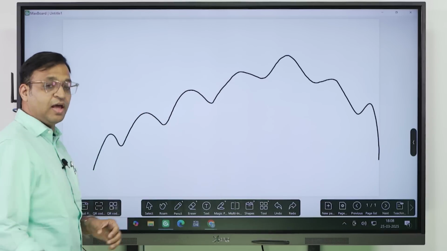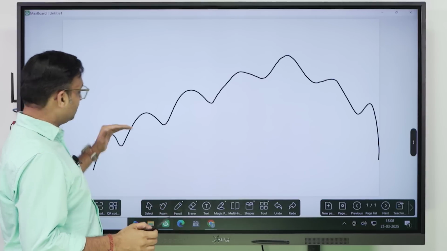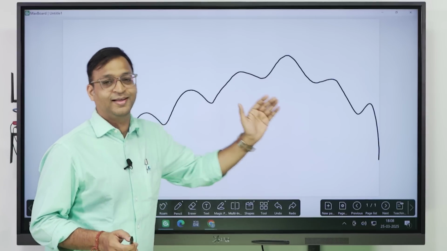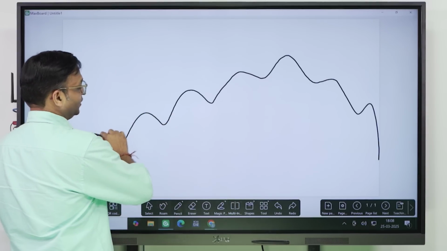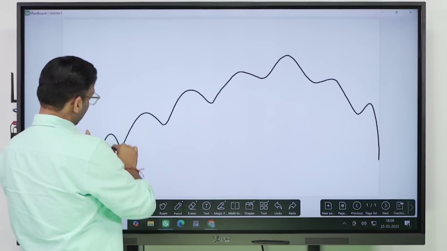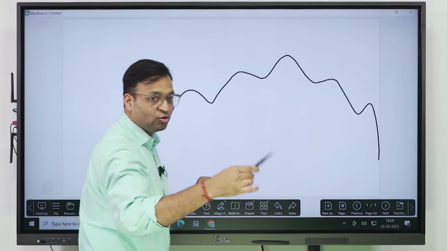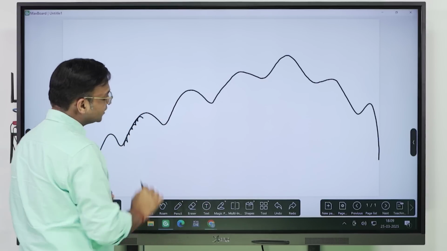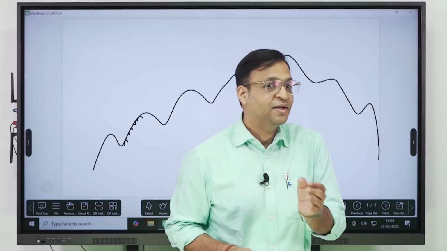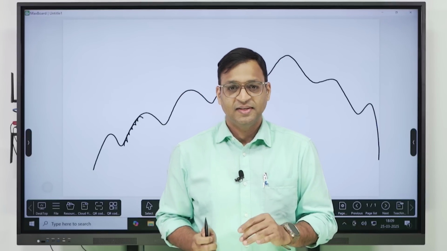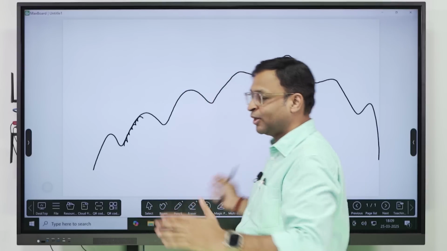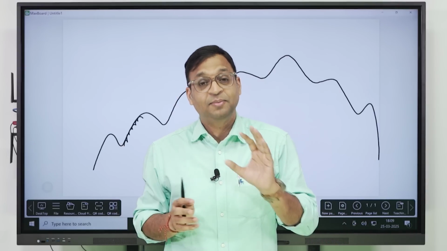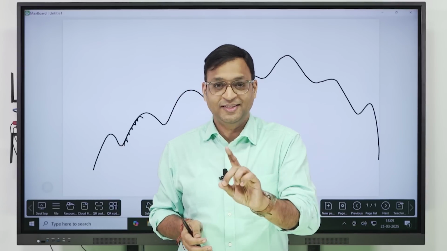But there will be interim up and down in that journey, right? This is a big movement, and there are medium term smaller movements, and there could be even smaller movements inside those medium movements, right?